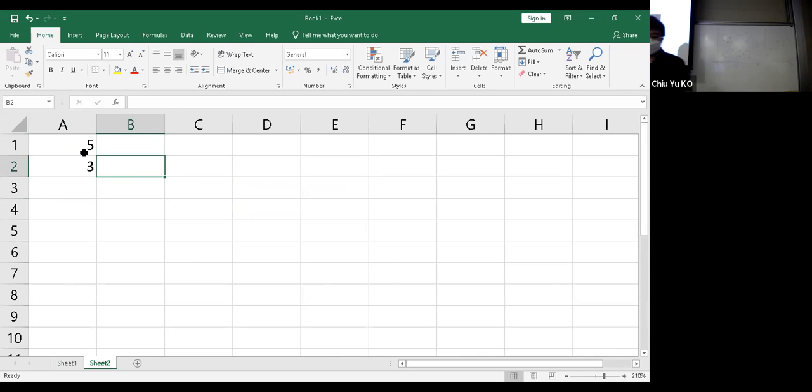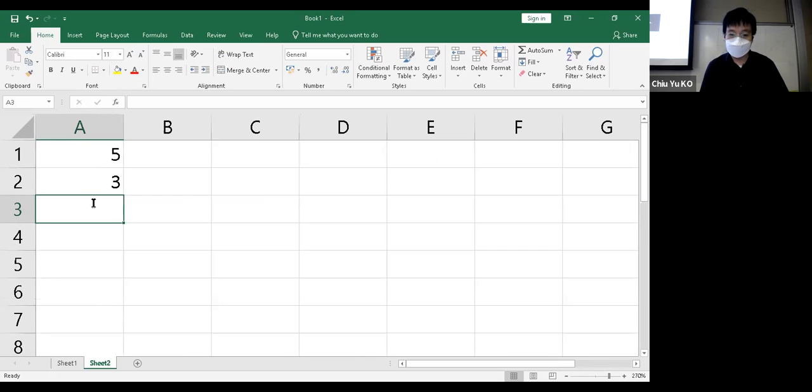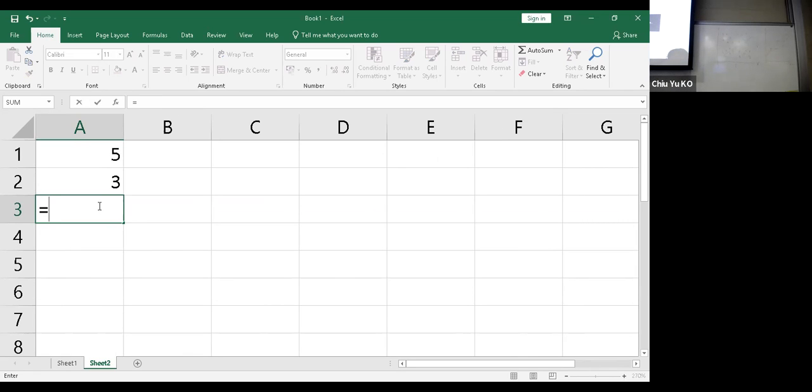Then I just say equal to. I want to input 3 plus 5, but to make our life easier, we want to separate data and calculation. So usually what you put is, I want A1.